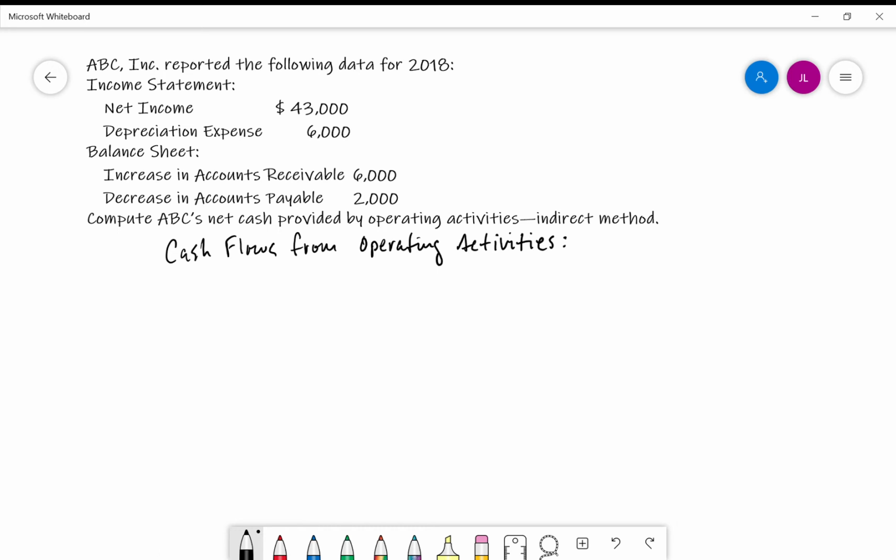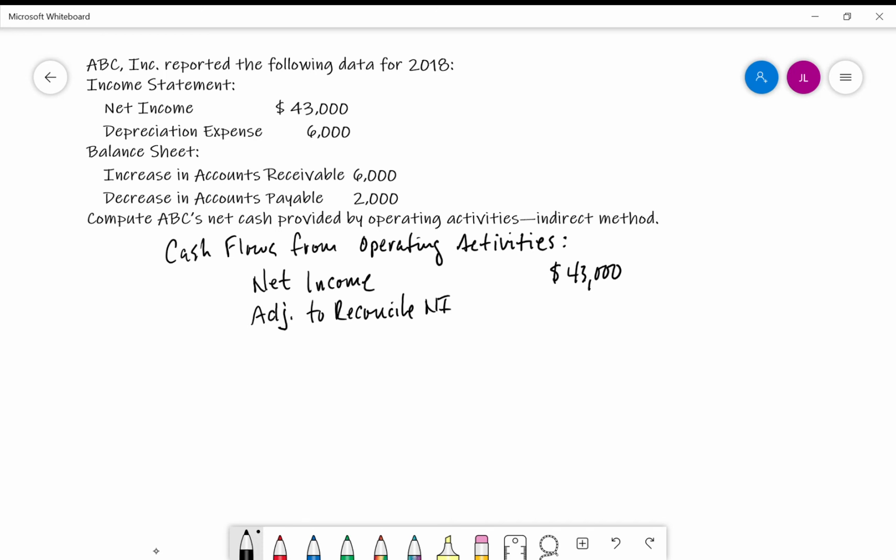Basically, we want to start with net income, and this is given to us. Our net income is $43,000. Then we want to make our adjustments to reconcile net income to cash.